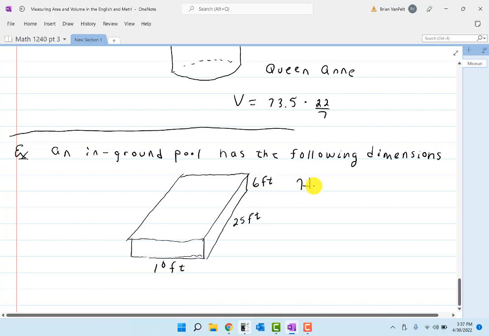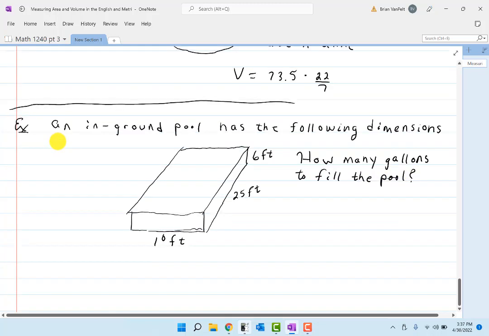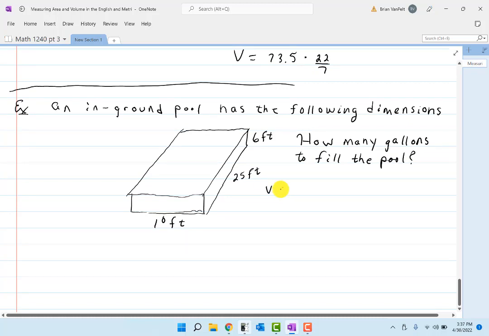How many gallons do you need to fill the pool? So first, let's get our volume. Our volume, we simply multiply the three dimensions. So I'll take 10 feet times 25 feet times 6 feet. And I end up with 1,500 cubic feet.